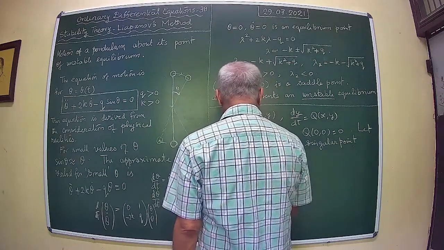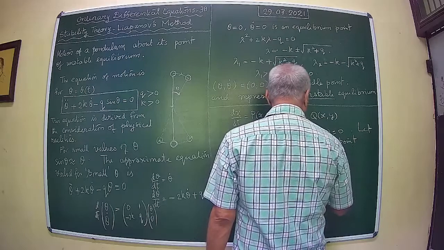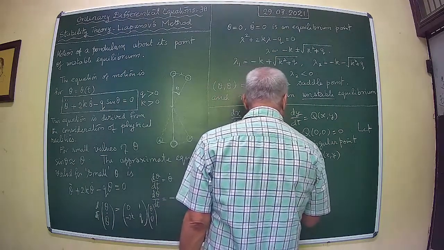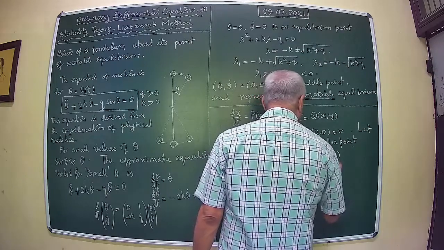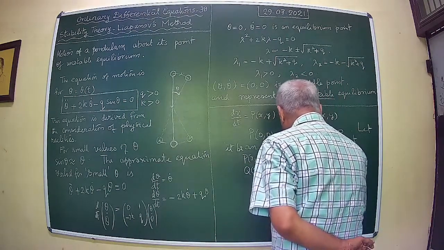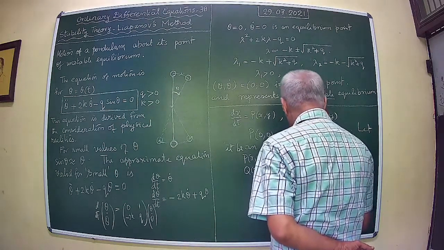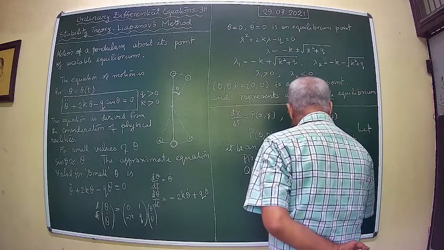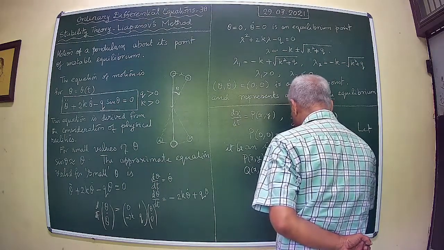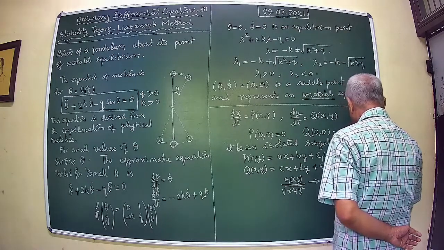Therefore, what do you get? P(x,y) can be written as some Ax plus By plus error terms, and similarly Q(x,y), where you have the property that epsilon 1 divided by the distance goes to 0 at 0, 0.